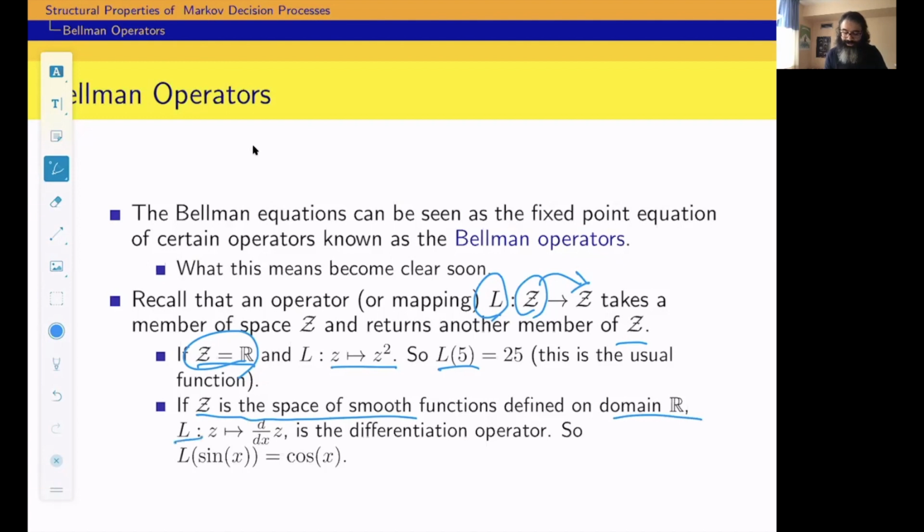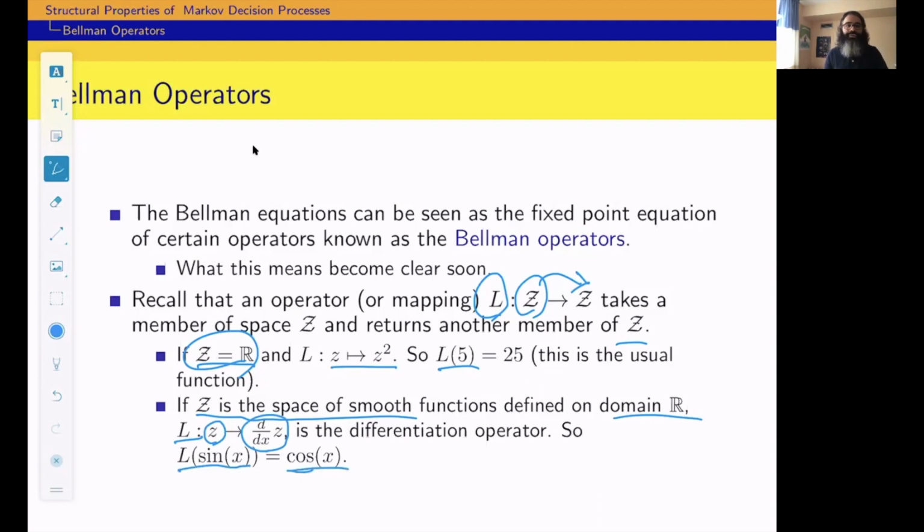Take L to be a mapping that takes Z. Z here is a function, not a number. It returns the derivative of Z with respect to X, its input. So this is a kind of differentiation operator. So L of sine of X would be cosine.